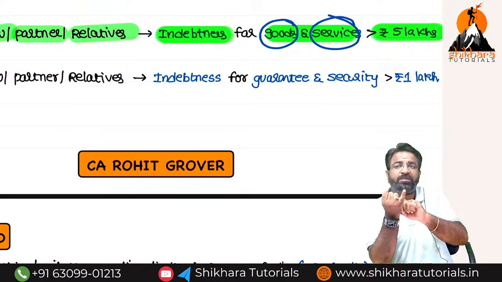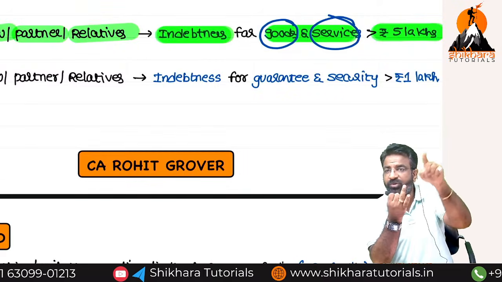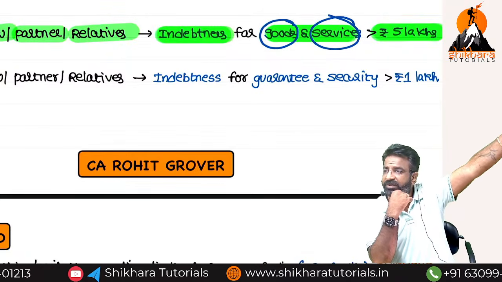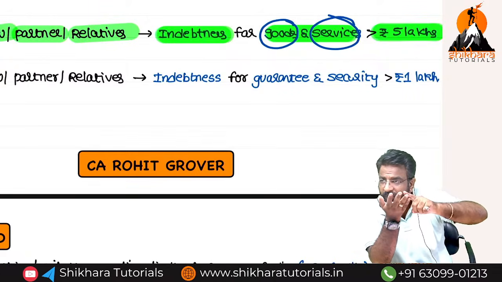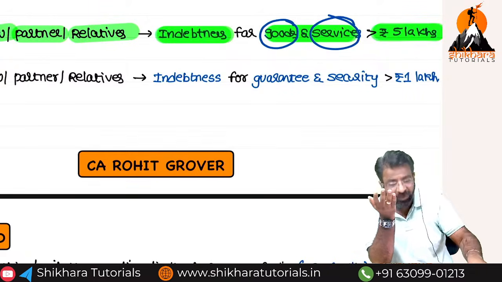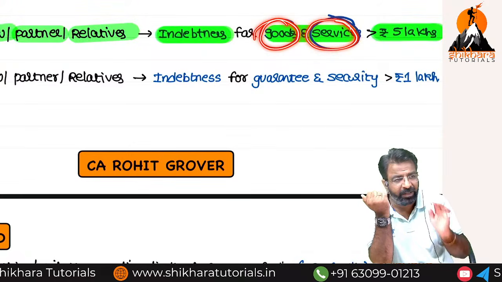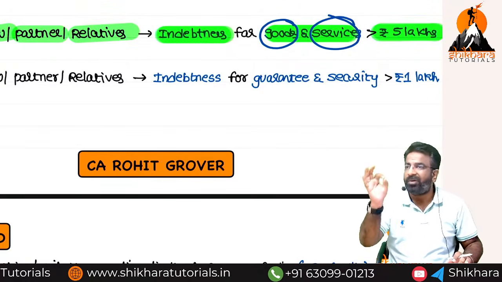They will show me as what? Think logically. Loan to Grover and Associates. How much? 20 lakh. Till which March? 31st March. Is a loan and a debtor the same thing? When do you call it indebtedness? What are the two words I told you? Goods and services. Did I buy any goods and services, or take advance audit fees? You are qualified.